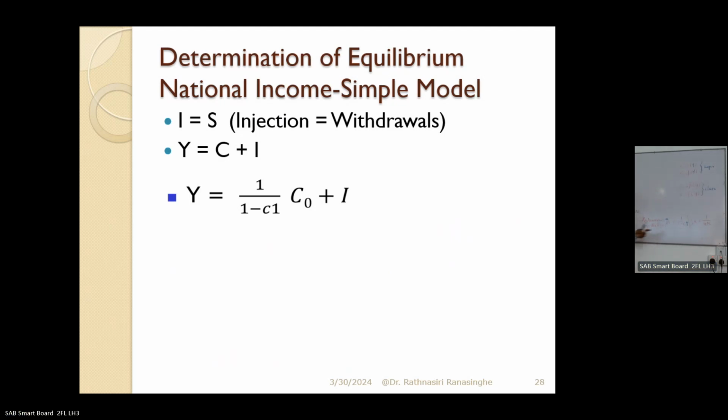When C1 increases, this whole part 1 minus C1 decreases, and 1 over 1 minus C1 increases. So the multiplier increases. When MPS increases, what happens? The multiplier decreases. So two different types.